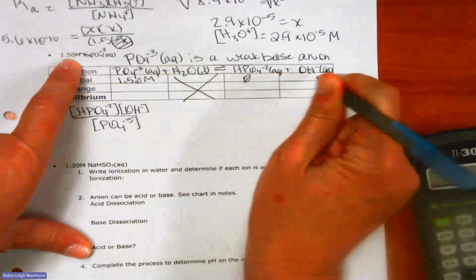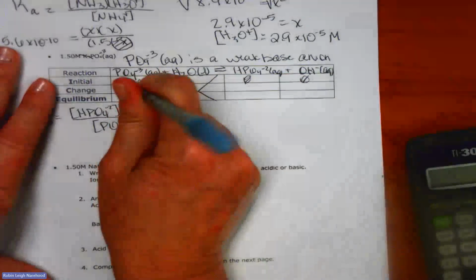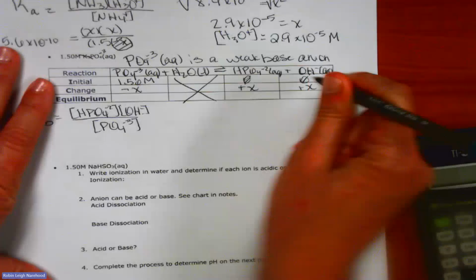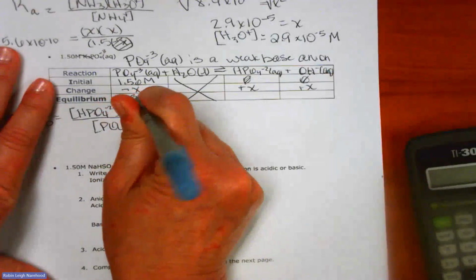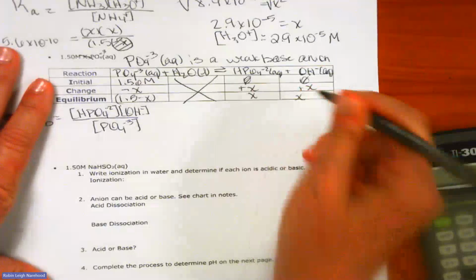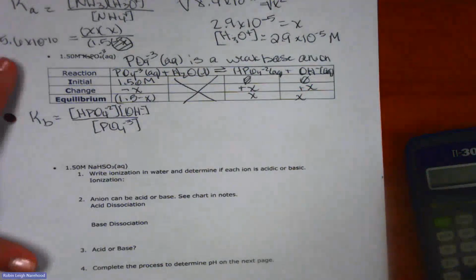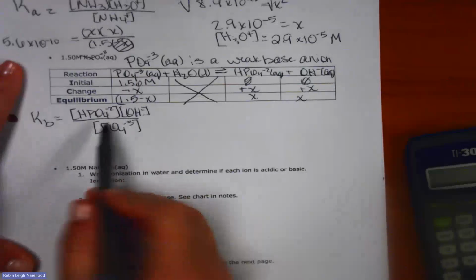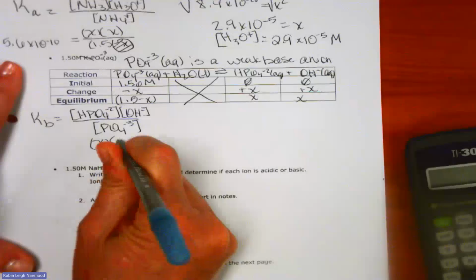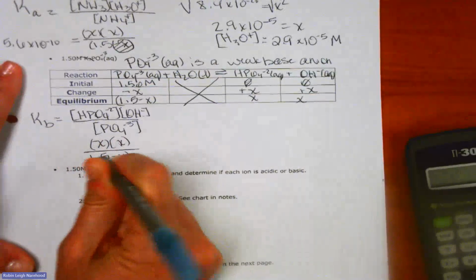And there's 0 of the product to begin with, and X amount dissociates to form X and X. So at equilibrium, you have 1.5 minus X of phosphate and X there. So this part of the expression will just be X times X over 1.5 minus X.